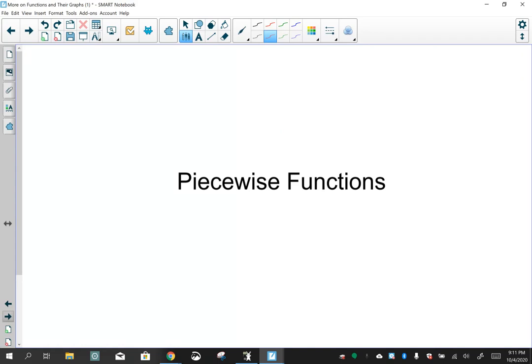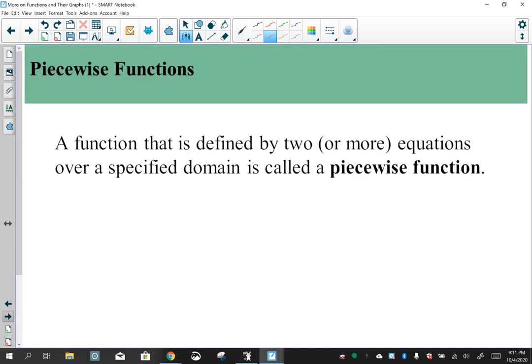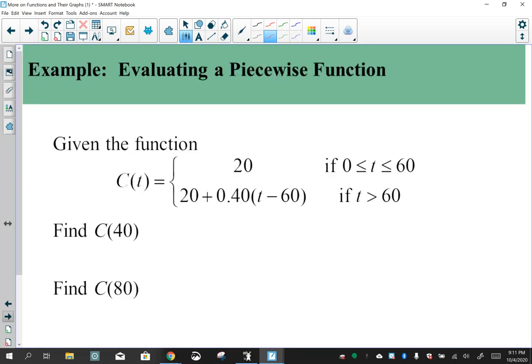All right. So now, we have piecewise functions. Piecewise functions, that's where we have more than one function, and we have some boundaries attached to them. When we do a piecewise function, we want to follow the rules that it gives us. I think the first part of this is going to be evaluating.